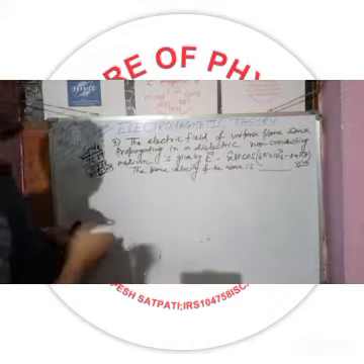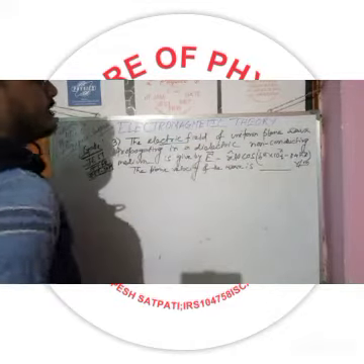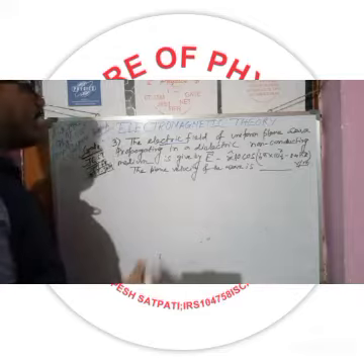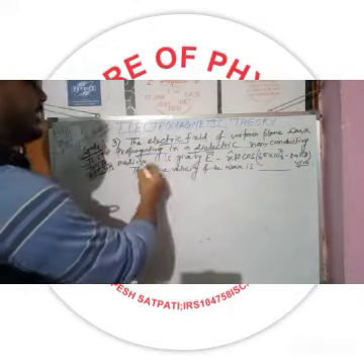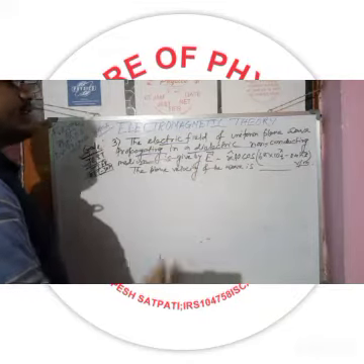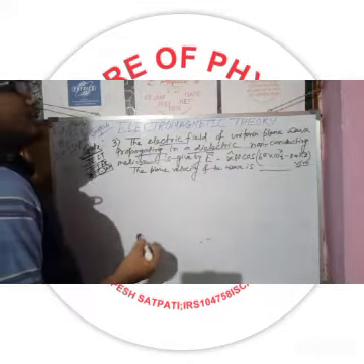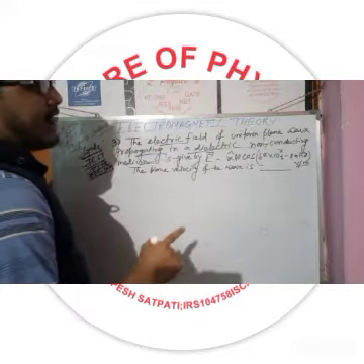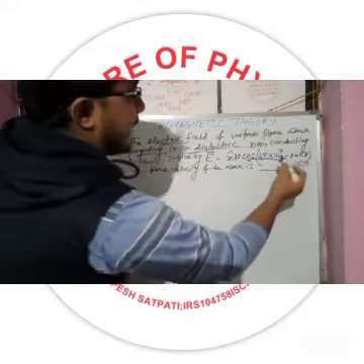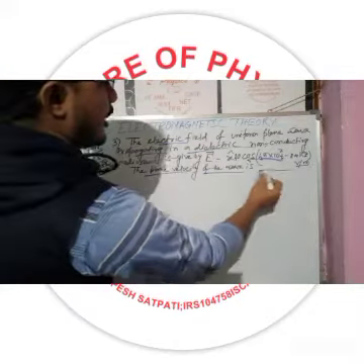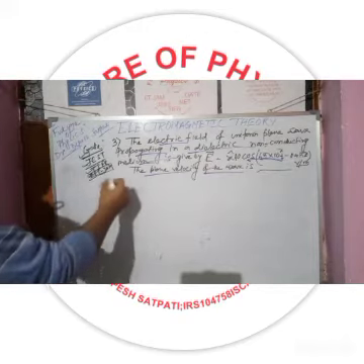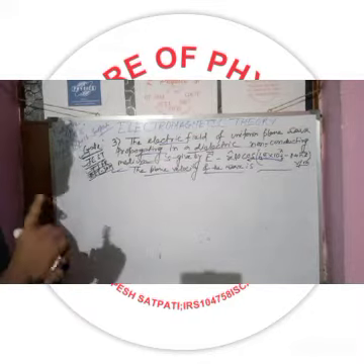Next, third important question. The electric field of a uniform plane wave propagating in a dielectric non-conducting medium is given by E vector equals x cap 10 cos(6 pi times 10 to the power 7 t minus 0.4 pi z). What is the phase velocity of the wave?